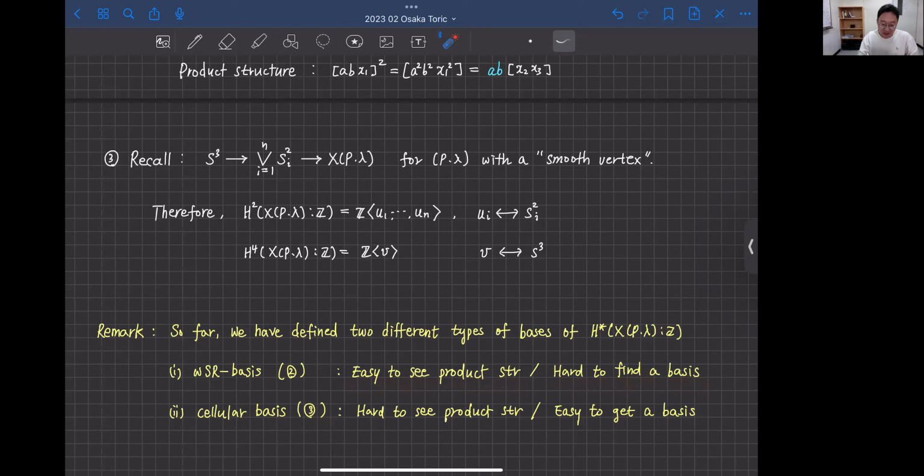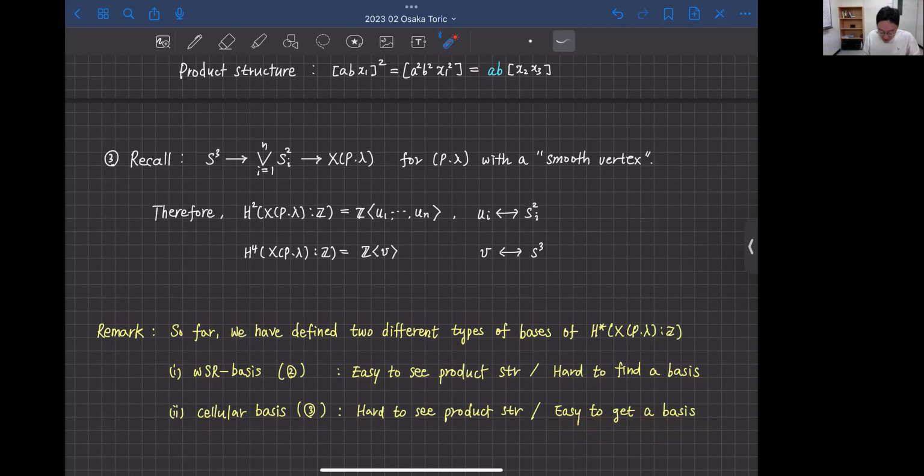We can calculate the generators, which may not be a minimal number of generators. And in order to extract the basis out of these many generators, it requires some computation. However, if you have a cellular basis, like in item number 3, it is easy to get a basis because it is induced from the natural cell structure, okay?